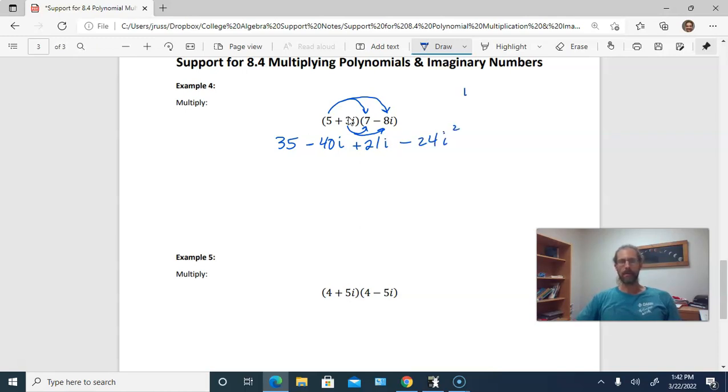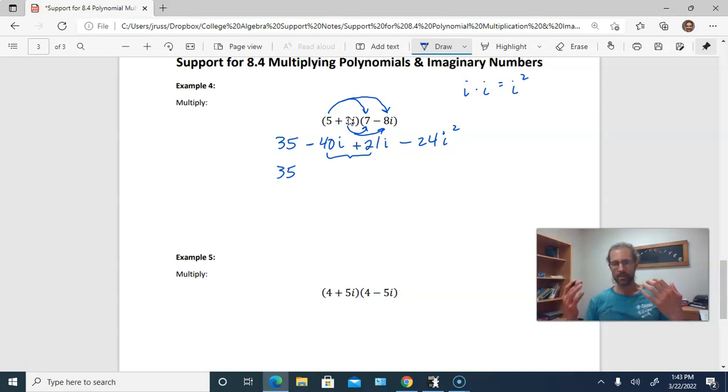Okay? So you've got to remember that when you multiply those two i's, you're going to get i squared, because we're going to replace this with -1 here in a minute. All right, now what you could do, these two numbers in the middle, these are both imaginary numbers. These are sort of like terms.